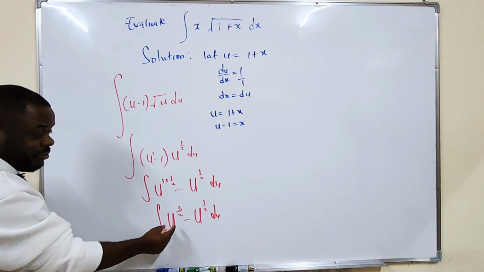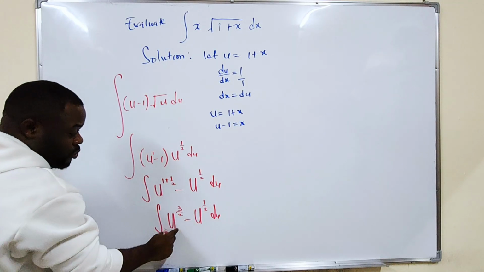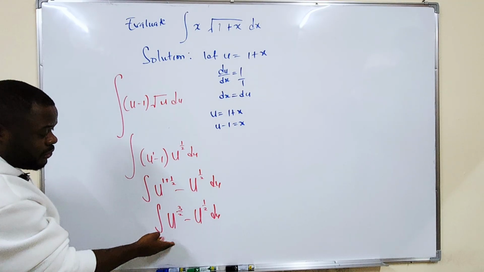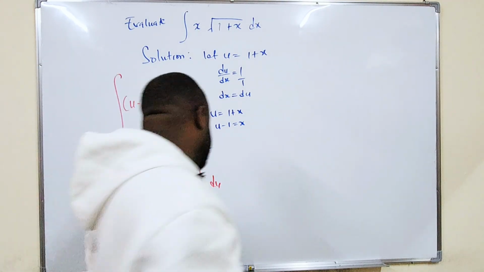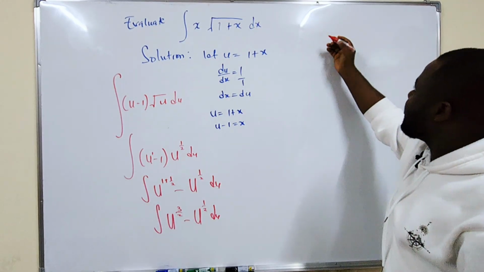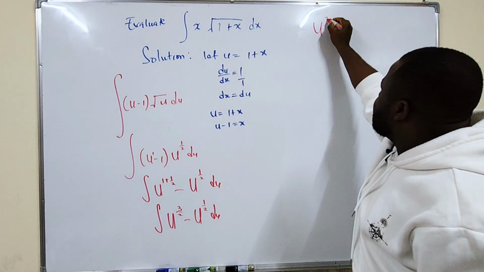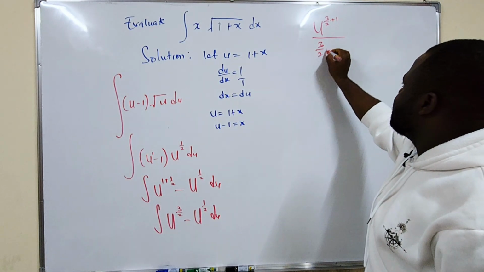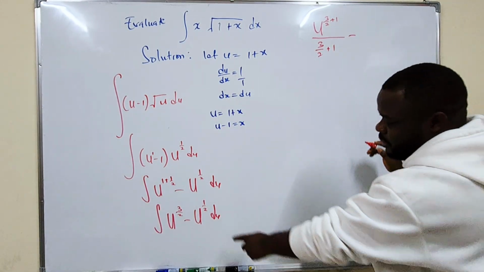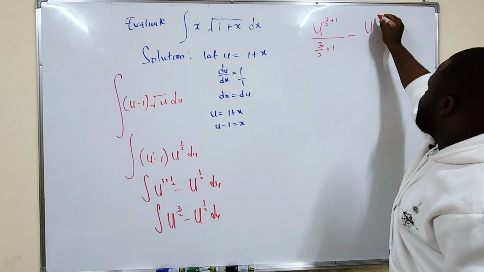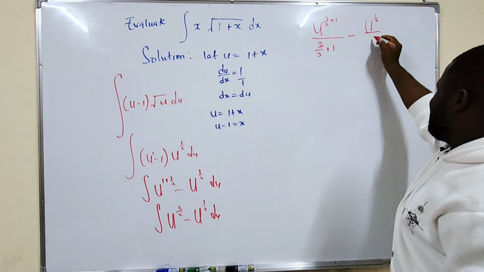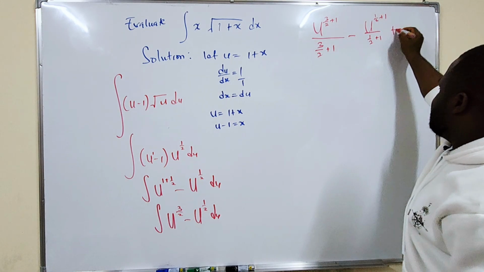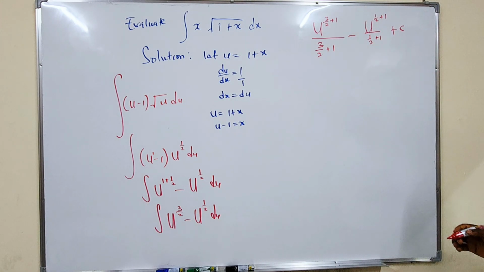So now you can see we've been able to convert this into powers. We are going to use the power rule to find the antiderivative of these two functions. So what this simply means is we can now say u to the power 3 over 2 plus 1, over 3 over 2 plus 1, then minus u to the power half plus 1, over half plus 1, then plus our constant of integration.